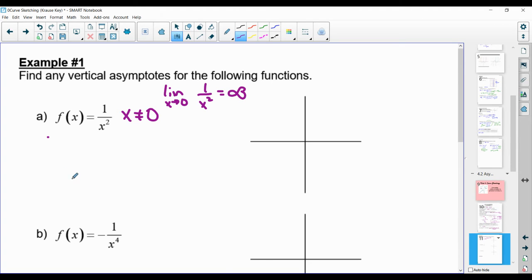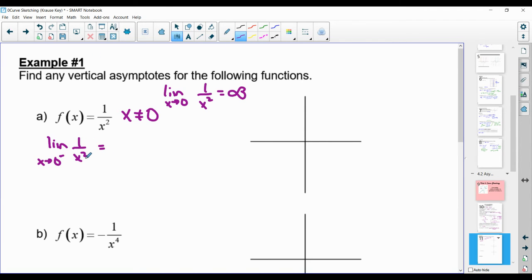Now, if I want to look at these specific left-hand and right-hand limits, I've got the limit of 1 over x squared as x approaches 0 from the left. If you remember from earlier in the units, we used to plug in values to figure out what the answer is. I'm going to just describe what that value is.